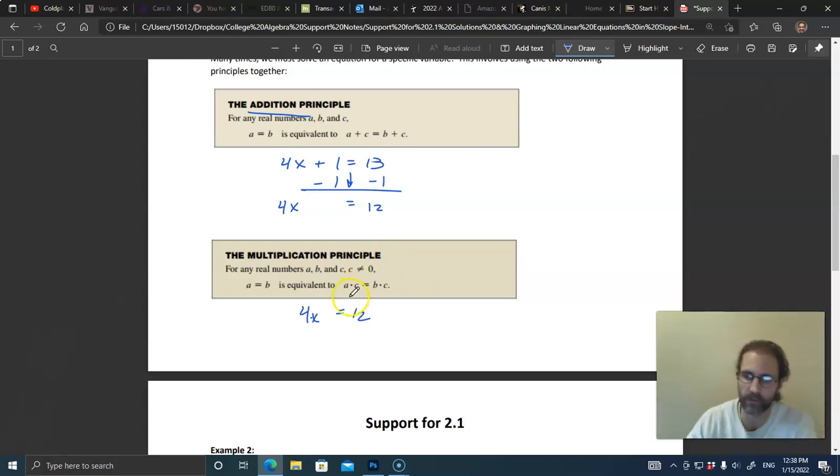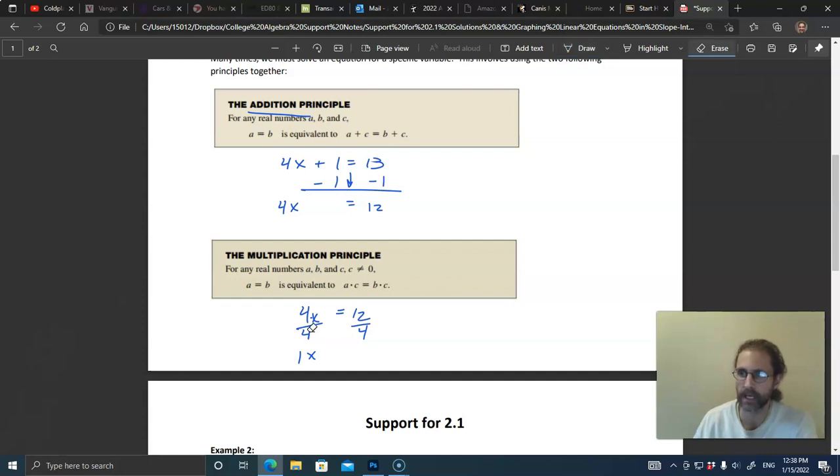So in this case, if we divide both sides by 4, the equation's going to stay balanced because I'm doing the same thing to both sides. But on the left-hand side, when you divide 4 by 4, you get 1. And so this becomes 1x, or 1 times x, which 1 times anything is itself.